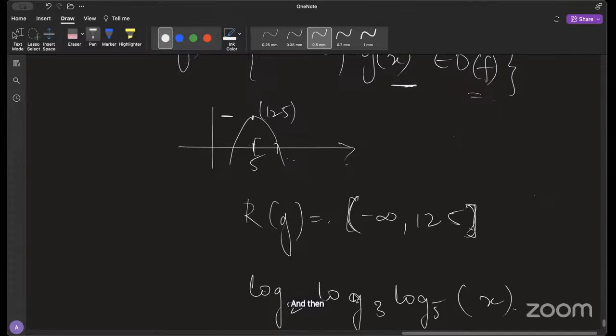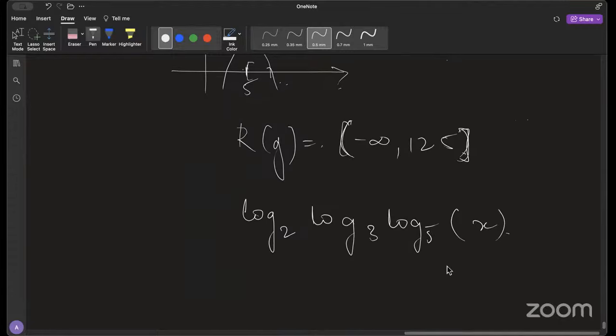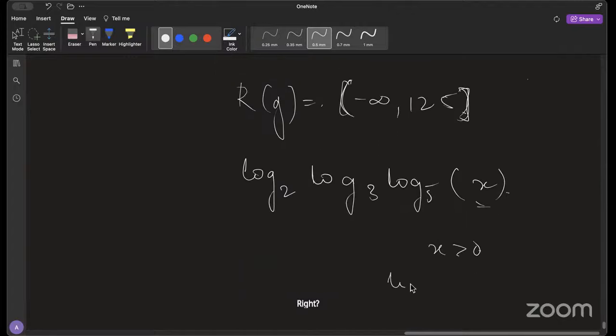For the domain of f, you have log base 2, log base 3, and log base 5, and then we have x here. For this domain, first you want x greater than 0, right? Then you would want log base 3 of log base 5 x greater than 0.